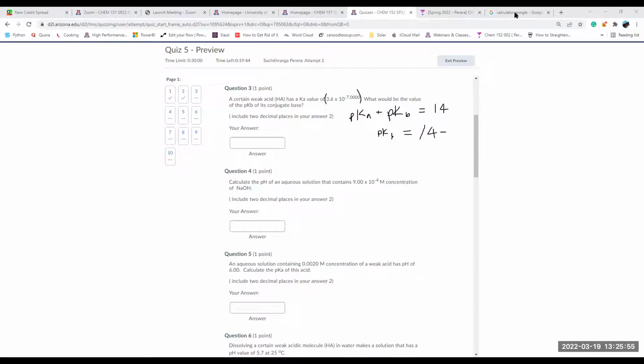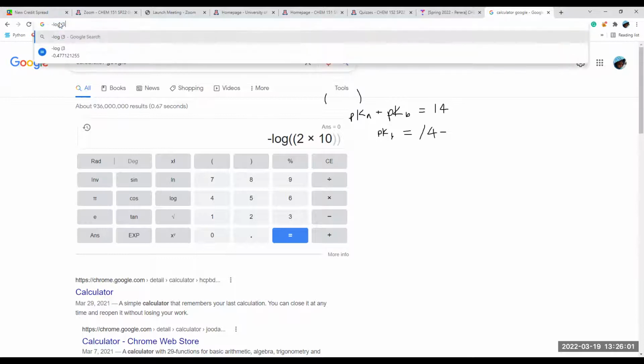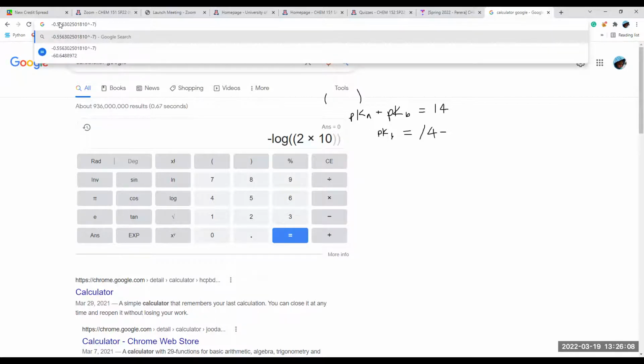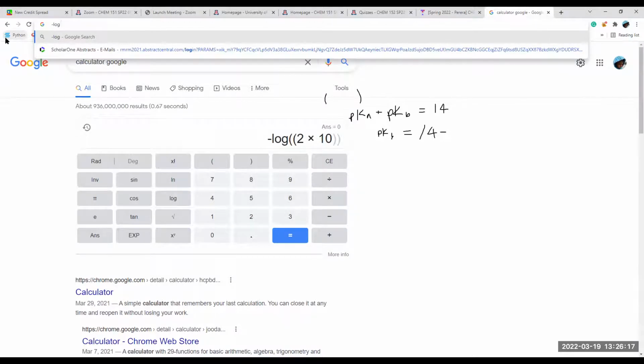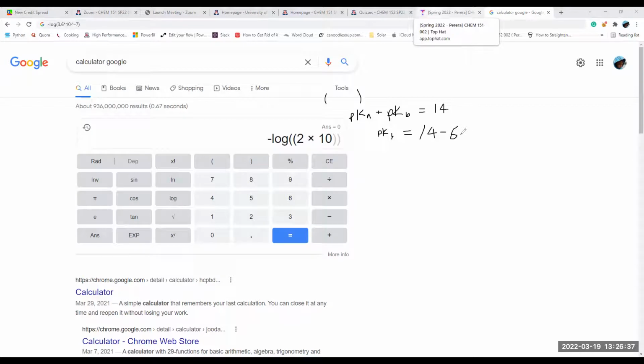If you go to the Google calculator, minus log of 3.6 times 10 to the power of minus 7 is equal to 6.44. Right? So pKa is 6.44.